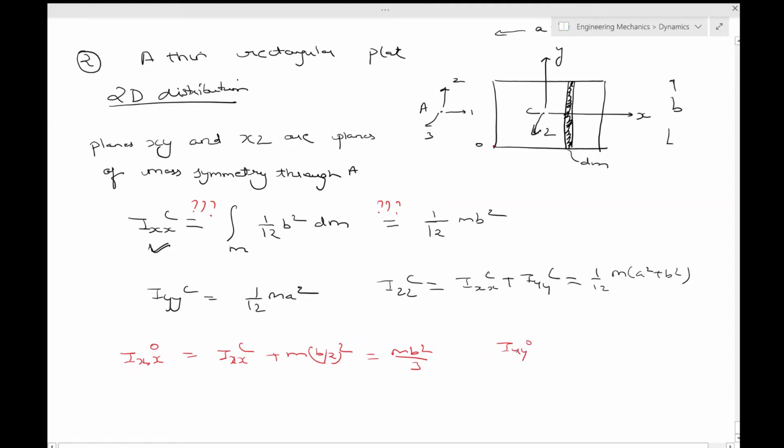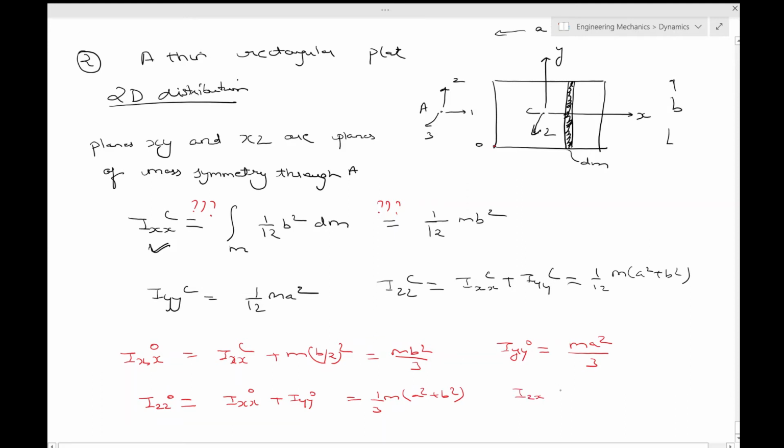Iyy about O is equal to m a square by 3, then Izz about O will be equal to Ixx about O plus Iyy about O, equal to 1 by 3 m (a square plus b square).